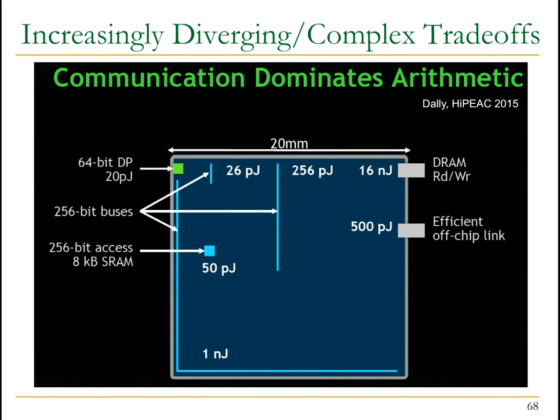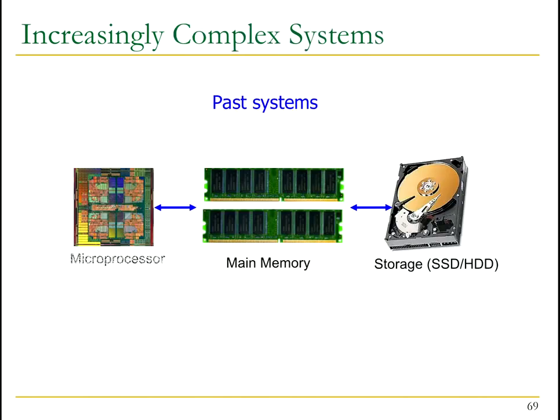So if you want to get 2 pieces of data to do a double precision floating point computation, bring them all the way from DRAM, and write the result back to DRAM, does it really make sense to do 3 DRAM accesses to do just one 20 picojoule operation and waste 3 times 3 orders of magnitude of energy? So think about this. This trade-off has changed a lot over the course of computing. And you can see the other numbers over here too, but nothing is as dramatic as an external memory access.